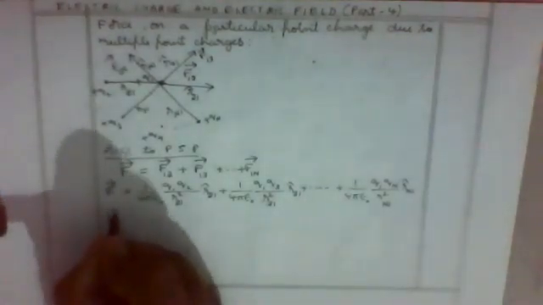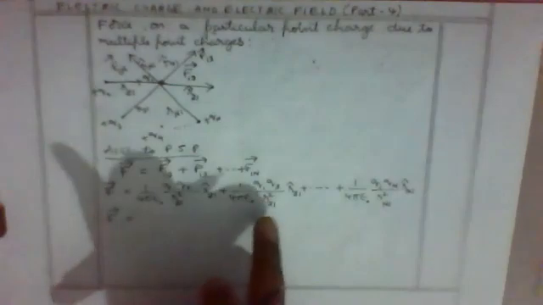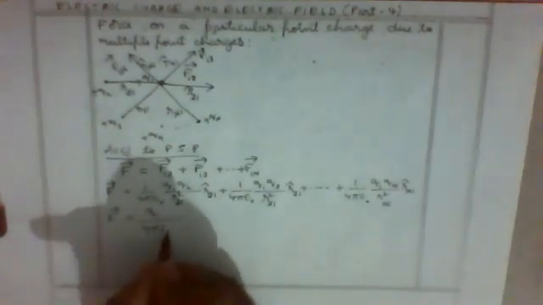Okay, so F vector is equal to, the common term is taken outside. What is common here is Q1 divided by 4 pi epsilon naught.